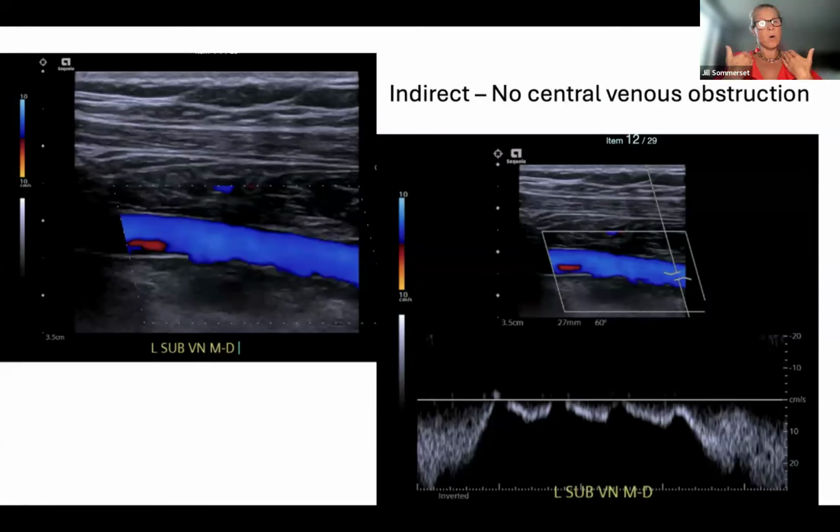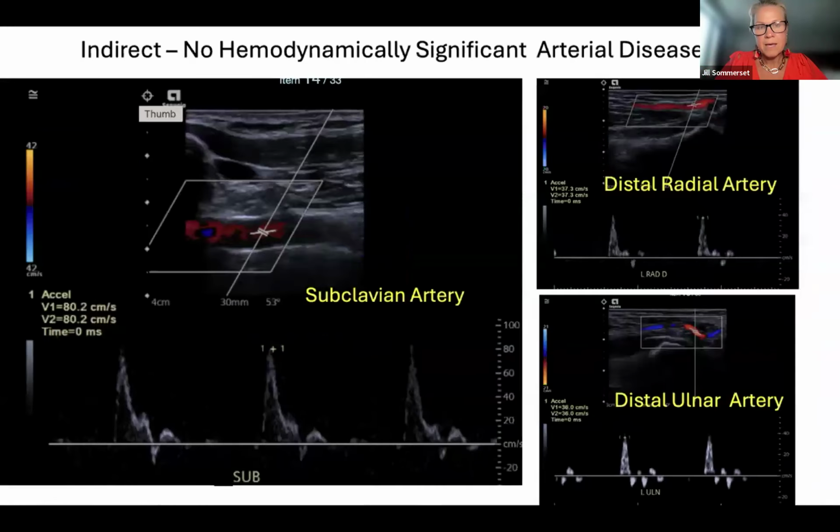And if you need to, you can always compare side to side of that subclavian vein to say, is it really abnormal? Let's look at the other side, because it could be in the superior vena cava as well. So just really pay attention to this subclavian waveform to basically say, is it free from any central venous obstruction?